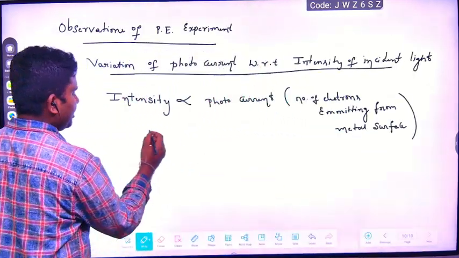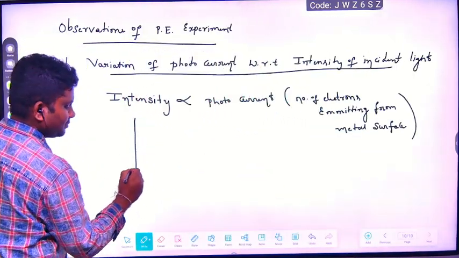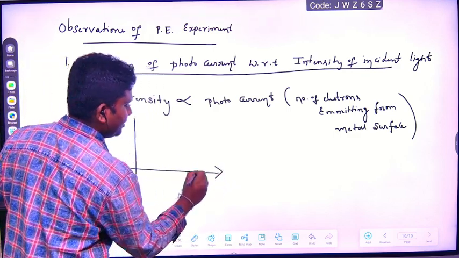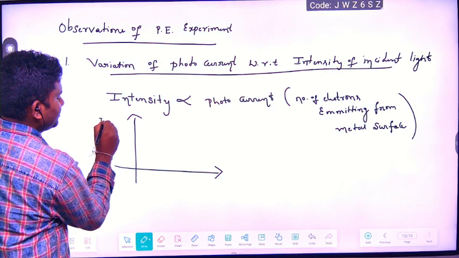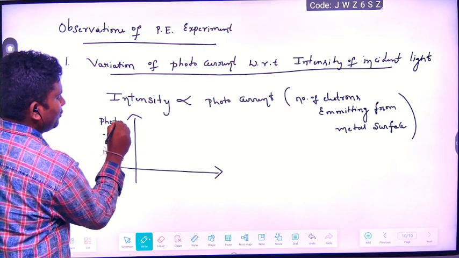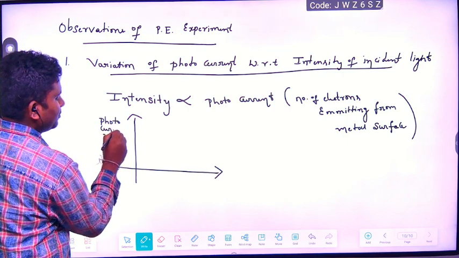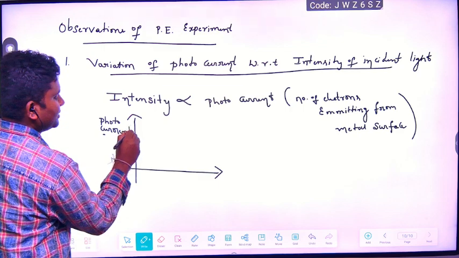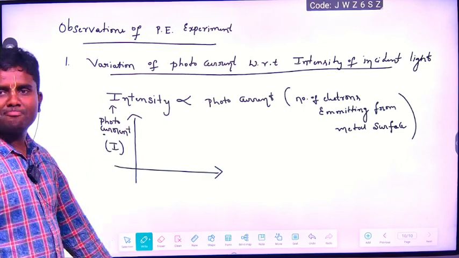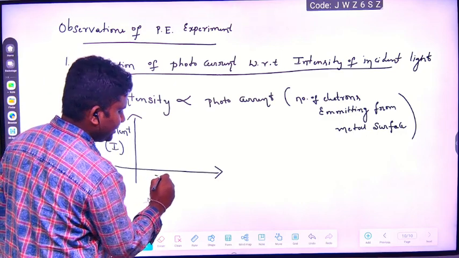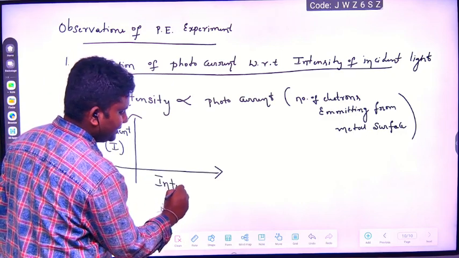You see, the graph shows the photocurrent, which is I, with respect to the intensity of the incident light ray.